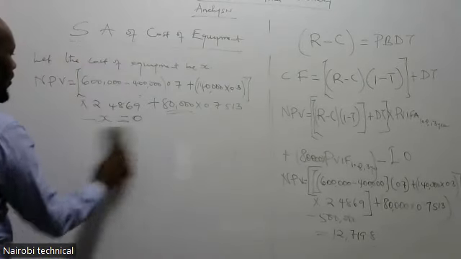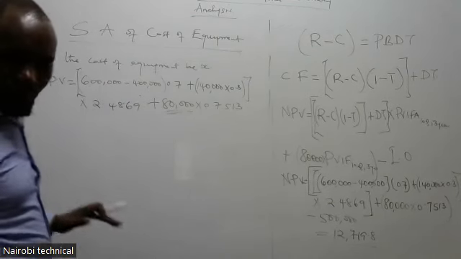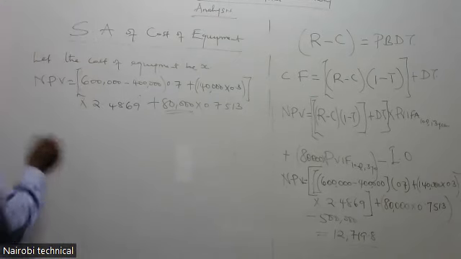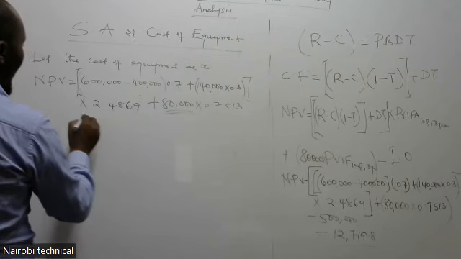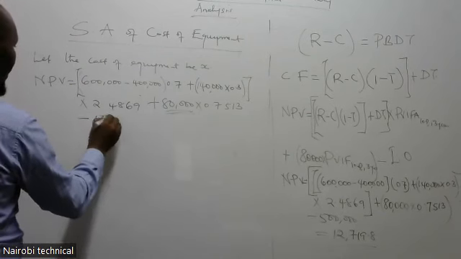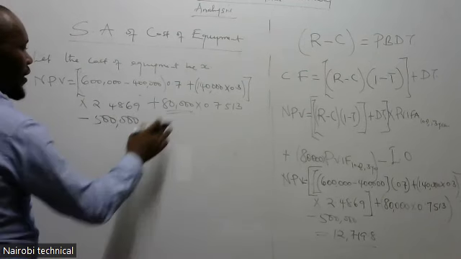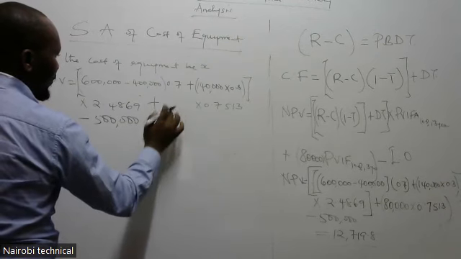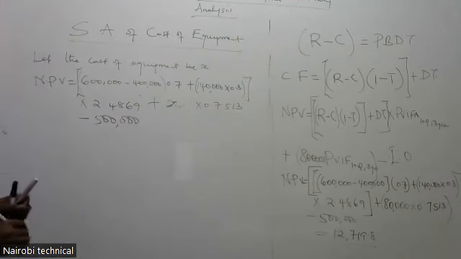The rest remains the same. So then this means that we have minus 500, we retain it the way it was. 500 was the cost of capital. Other factors remain constant. This one changes to X, using the same formula.